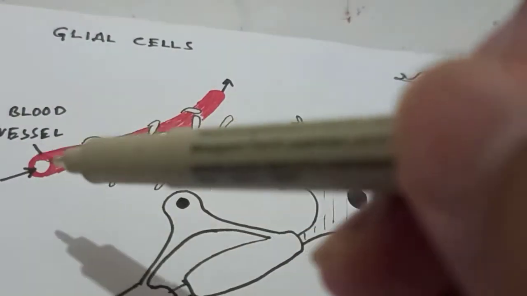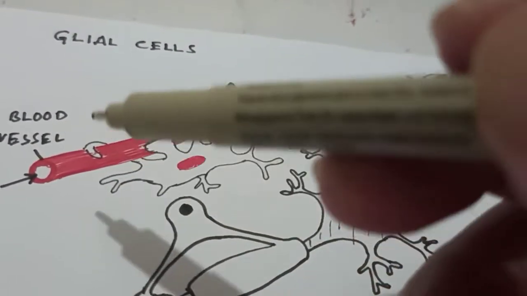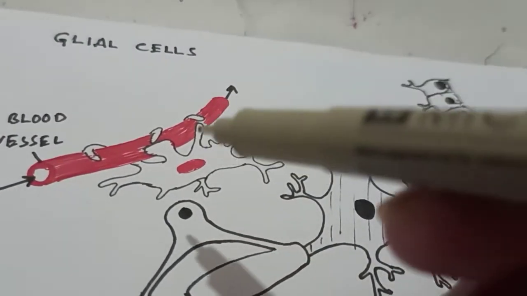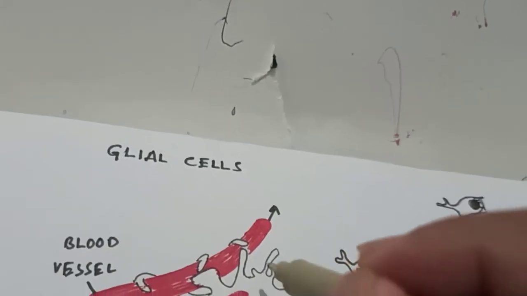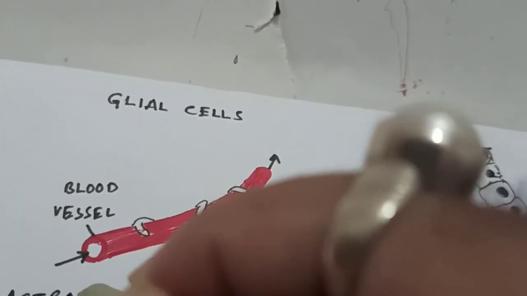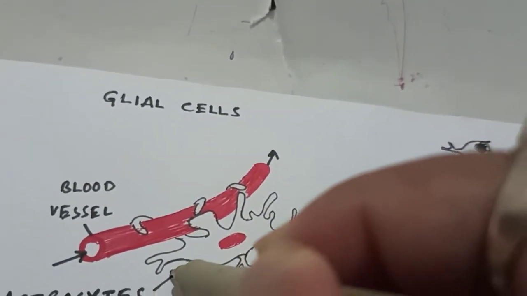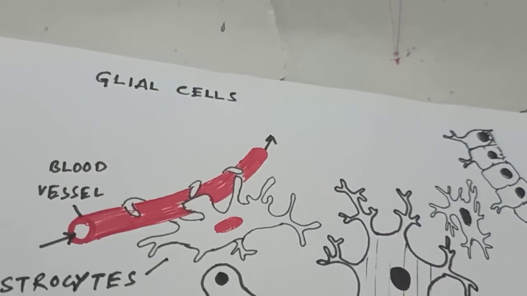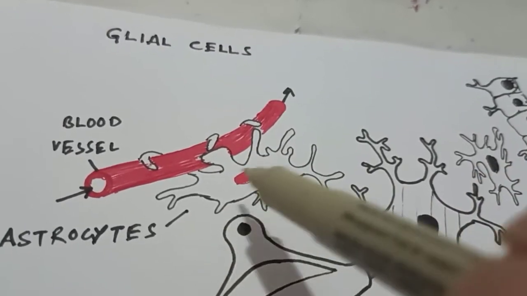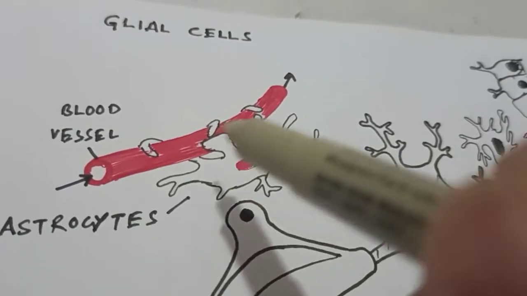To prevent that from happening, the brain creates a blood-brain barrier, and the creation of this barrier is mostly due to a particular type of cells known as the astrocytes. Astro means star-like, and cyte is the word used for cells. So they are star-shaped cells, and they appear like that.